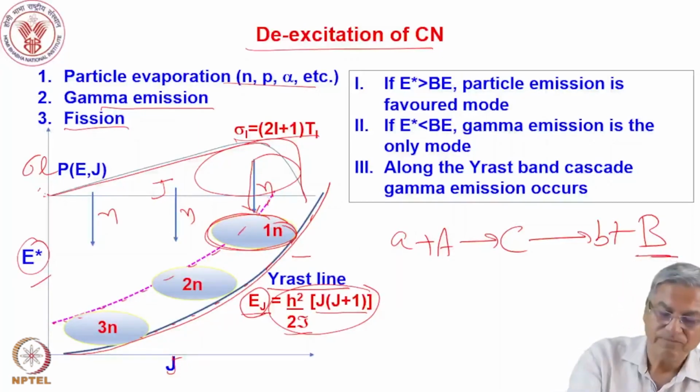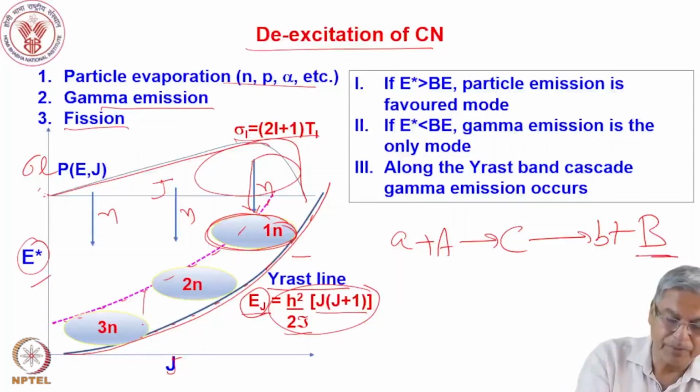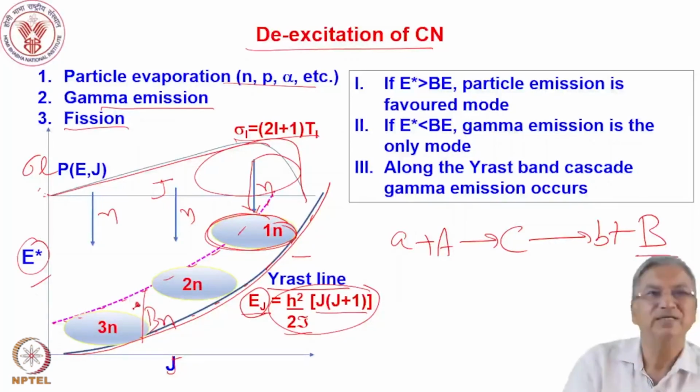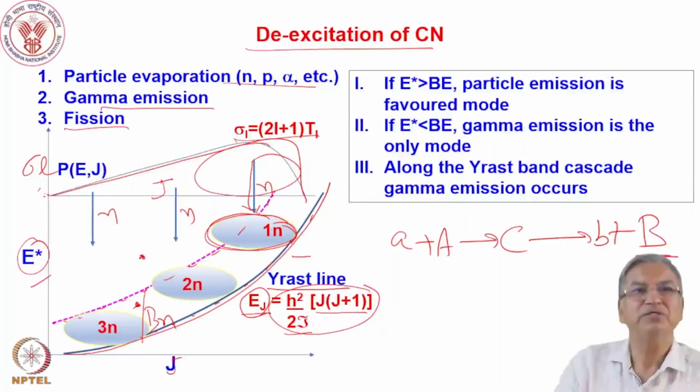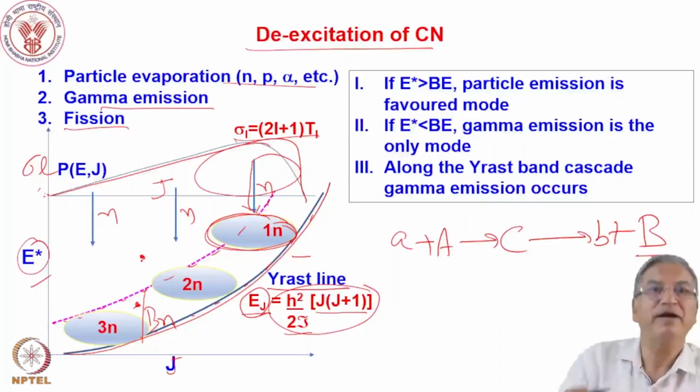This gap is called the binding energy. If you populate the nucleus here, it cannot emit a neutron, whereas if you populate here, it can emit a neutron because the excess energy is more than the binding energy.